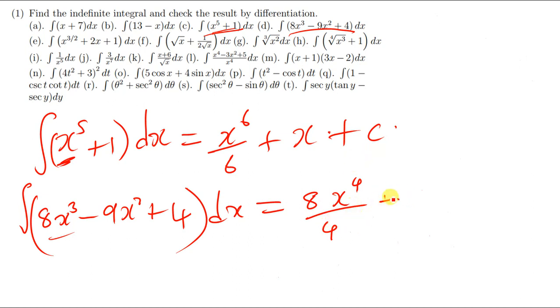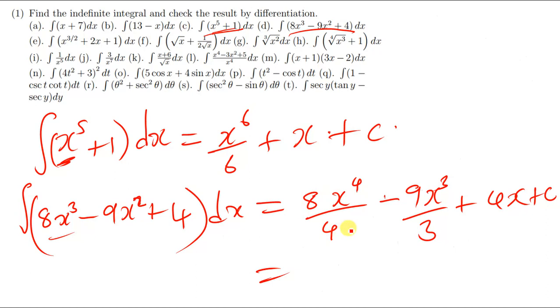Then we say minus 9, then this is x squared, so 2 plus 1, we get 3, so we have x to the power 3 divided by the new power, which is 3, then we have plus 4x plus c.